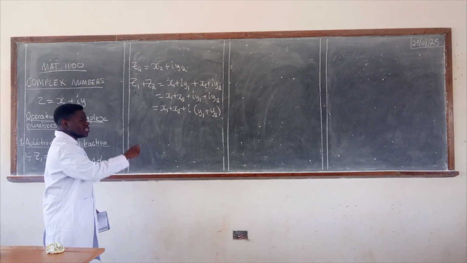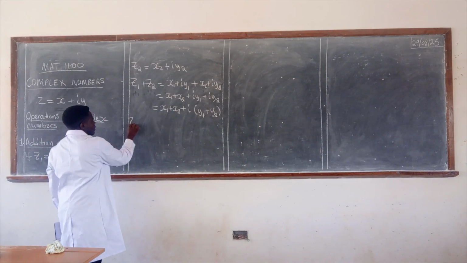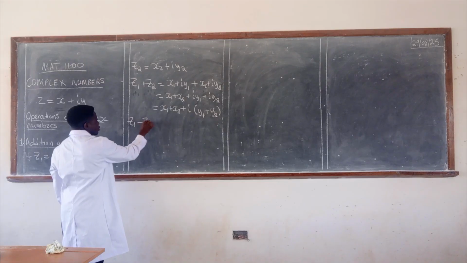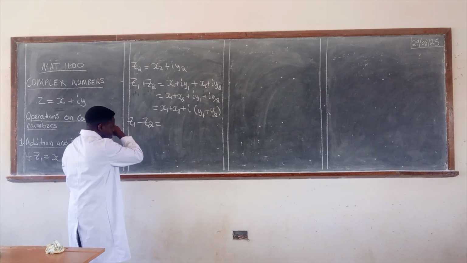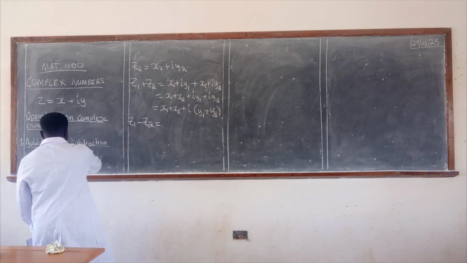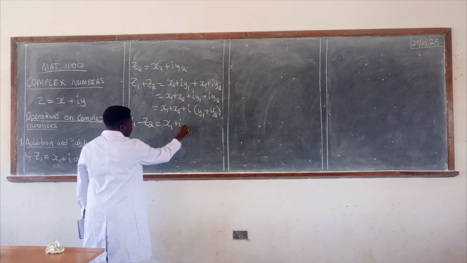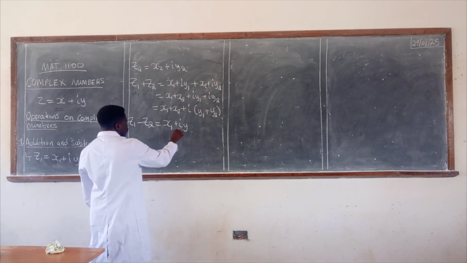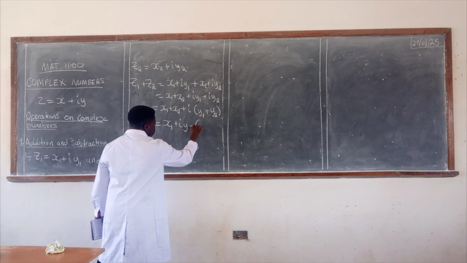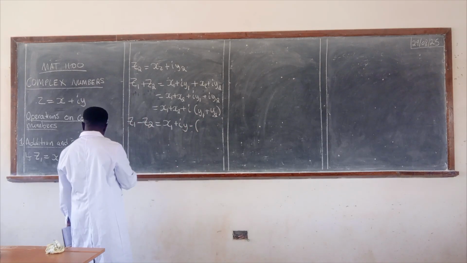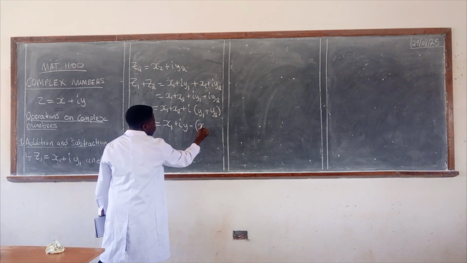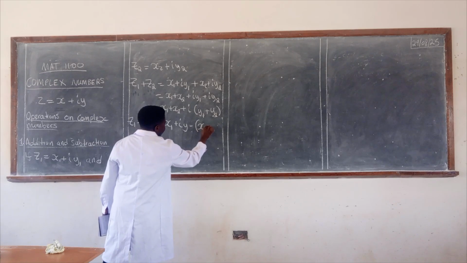Now, what if we subtract these two numbers, z1 minus z2? What are we going to have? Our z1 is x1 plus iy1, and our z2, which we put in brackets, is x2 plus iy2.